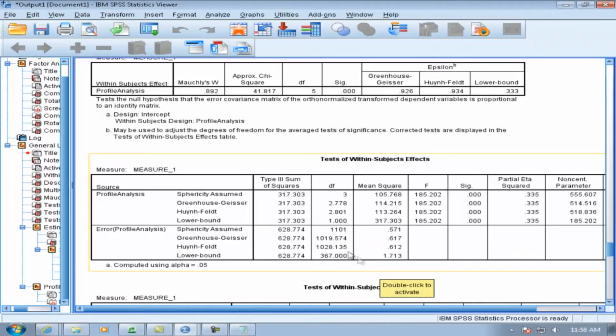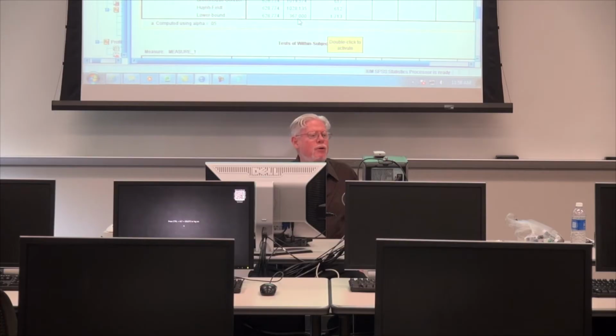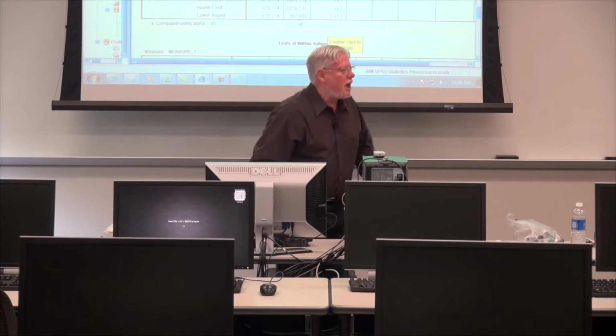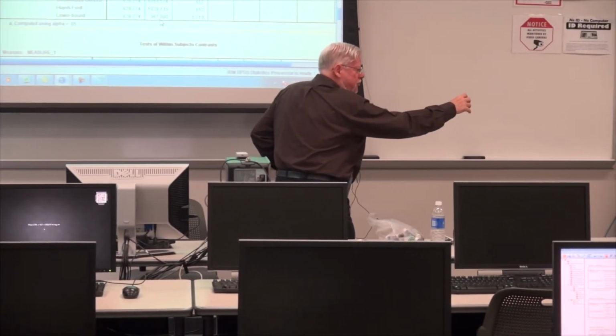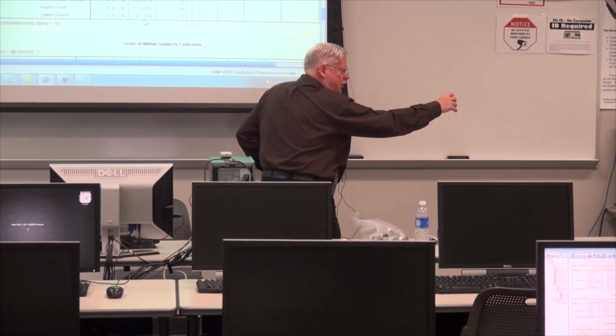And notice here, on the error term, the denominator degrees of freedom, we had 1101, we would drop all the way from 1101 down to 367 for lower bound. And when you do that, that means your critical F value is going to be out much further in the F distribution, in the rejection area.